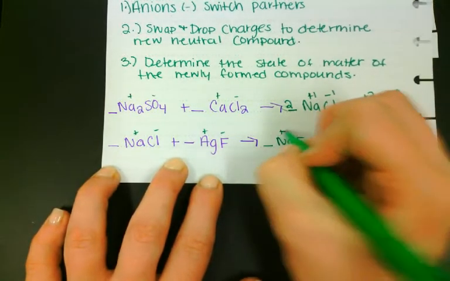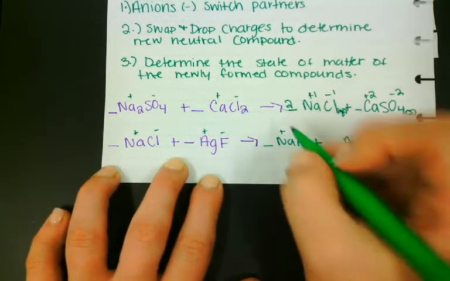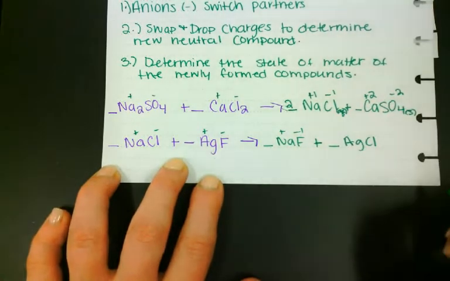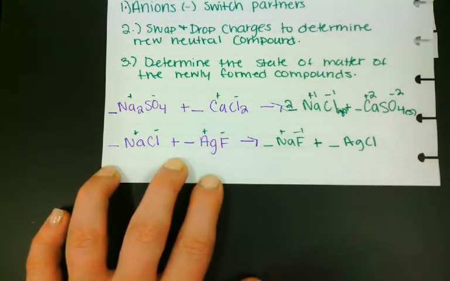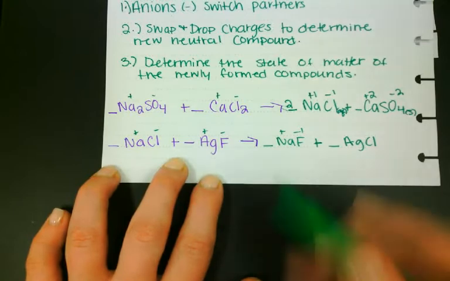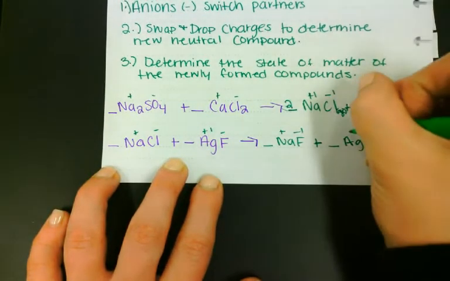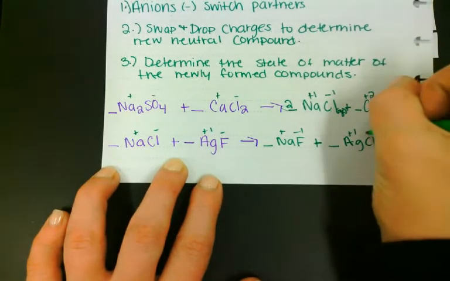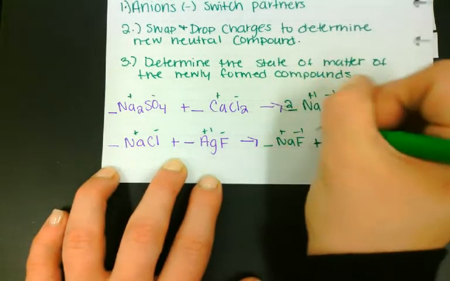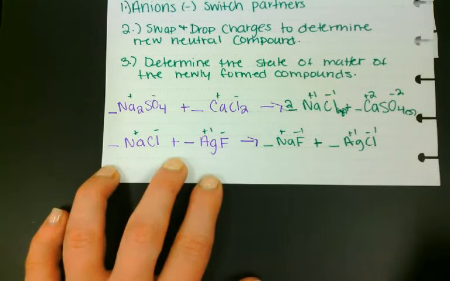The charge on sodium is +1. The charge on fluorine is -1. The charge on silver is, I can unswap and I see that it's +1. The charge on chlorine is -1. So if I swap and drop, each of these will cancel each other out.